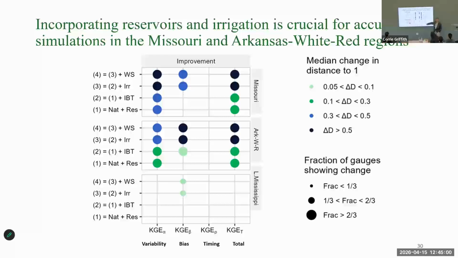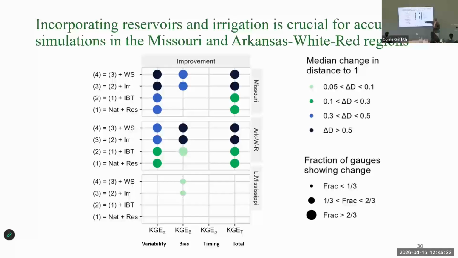4 modeling designs, right? So the first one is just the natural system plus reservoir. And then step by step, we generate sequential interventions. So for example, for scenario 2, we use module 1 plus interbasin transfer.